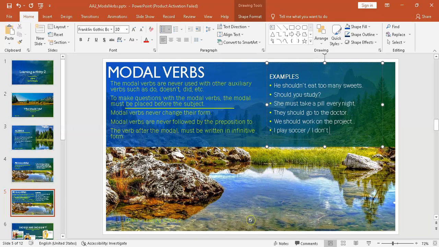I don't play soccer. Para poder negar ese verbo en presente simple, yo tengo que utilizar este auxiliar, don't. Y para preguntar, yo tendría que decir, do you play soccer? Do you like soccer?